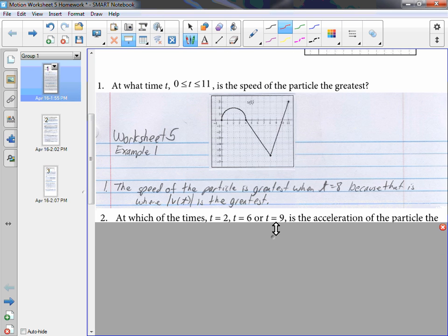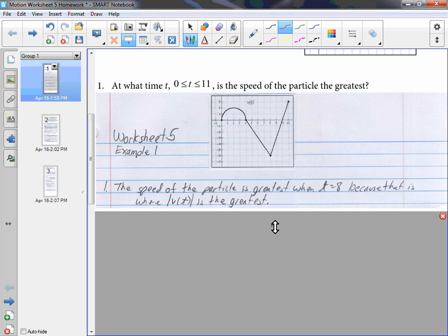All right. The speed of the particle is greatest when t equals 8, because that's where the absolute value of the velocity is greatest. Okay?